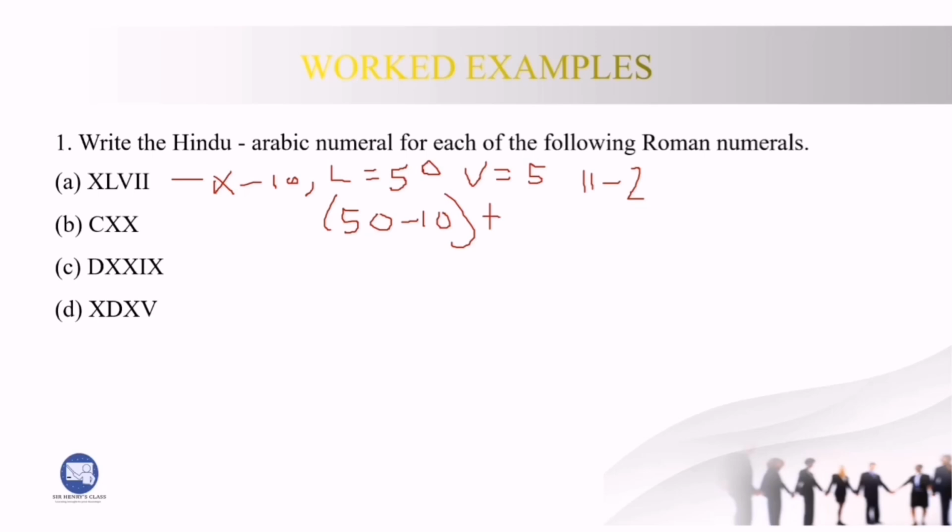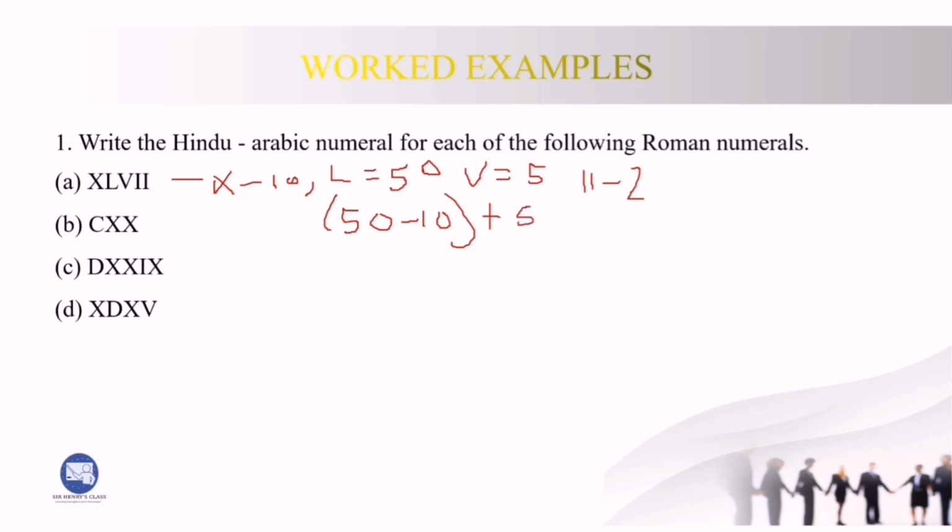Then what's the next one? V, which is 5. So let's consider 5 and 2. Is 5 highest? Yes. If the lowest comes after the highest, we add. But when it comes before, we subtract. Here the lowest comes after the highest.